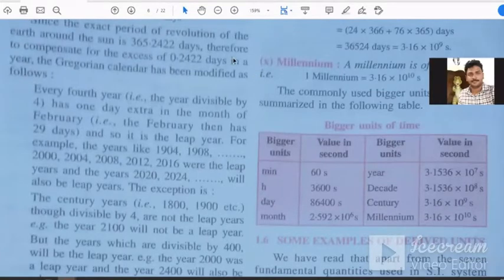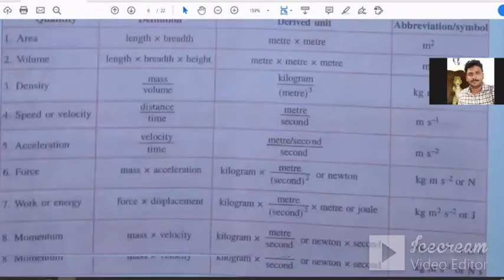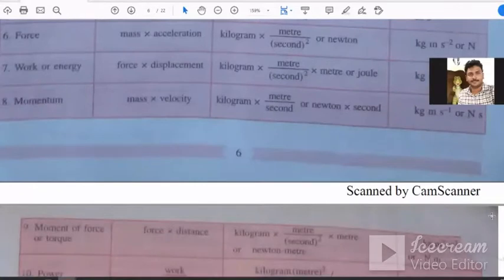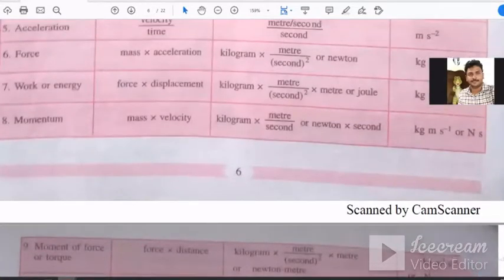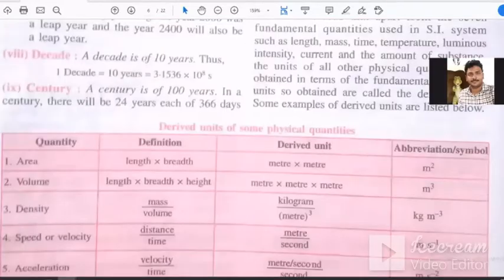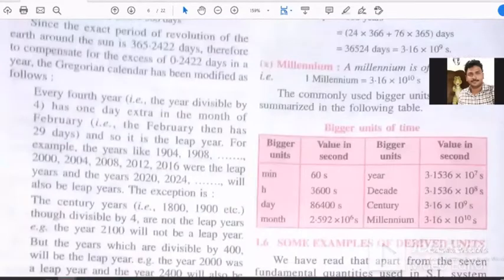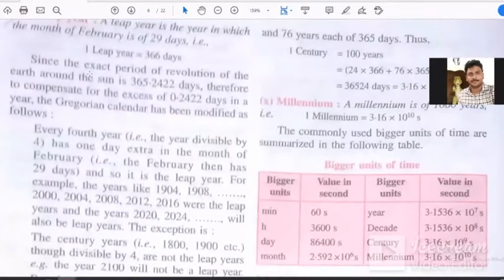So here, you can see what they are telling.